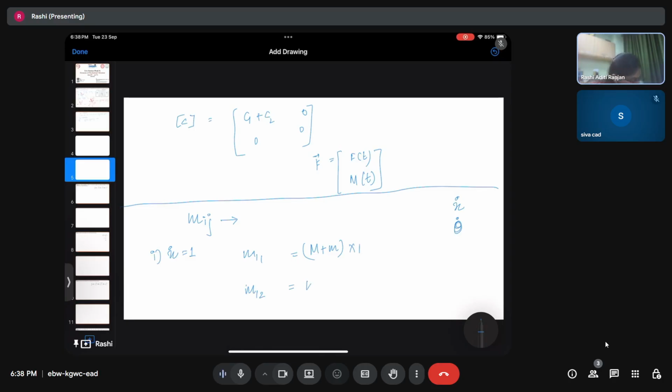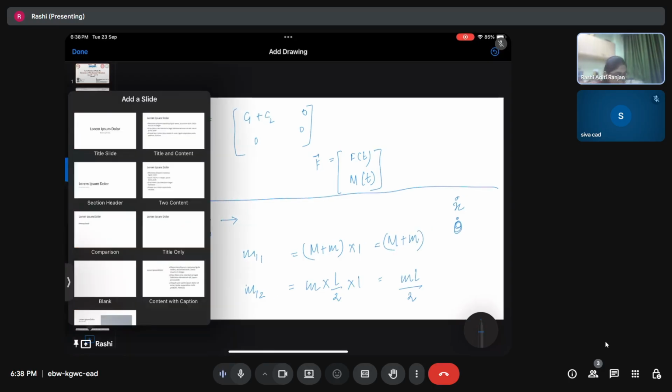So because my compound pendulum has a mass m, its center of mass is located at L by 2 and then the velocity 1. So these are my influence coefficients for x dot equal to 1, for the momentum of 1 given to the system.